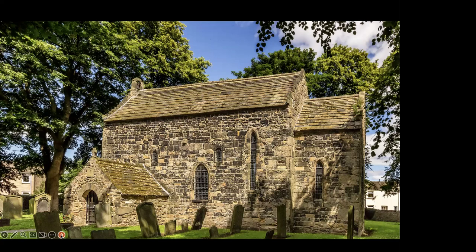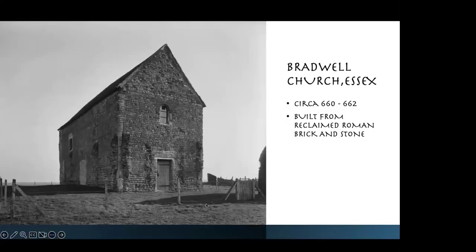And again, another example of reuse of Roman stone and brick is Bradwell in Essex. Now, this was built about 660 to 62, and that's only 60 years after St. Augustine came in to become the Archbishop of Canterbury and to bring formalized Christianity to what was then a pagan country, which was Britain.